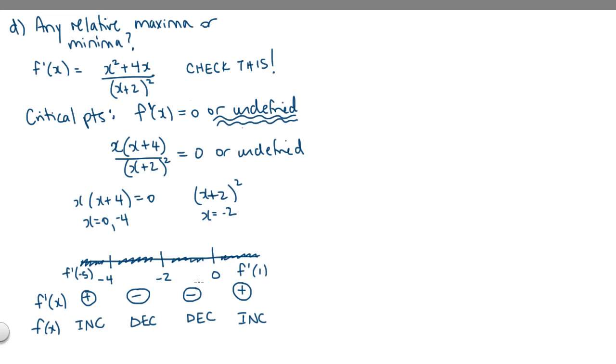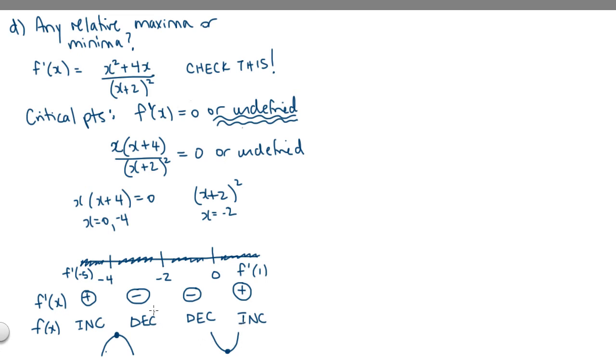So to answer the question about whether there are any relative maxima or relative minima, we're going to have a relative maximum over here where our function moves from increasing to decreasing, and we're going to have a relative minimum over here where our function moves from decreasing to increasing.